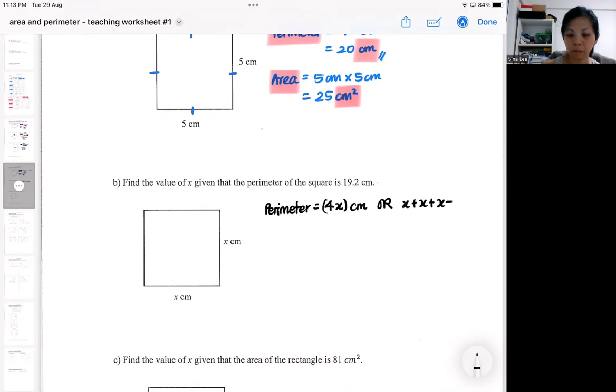You will still get the same perimeter. So remember label then units. And I'm going to let the perimeter equal to 19.2, because it's given to you. Then you punch your calculator. So it becomes like a linear equation, the one that you learn in algebra.